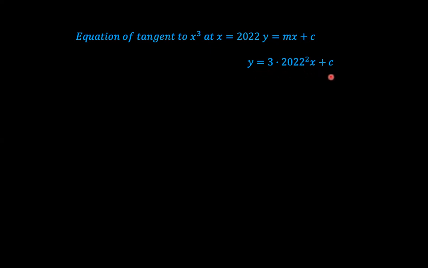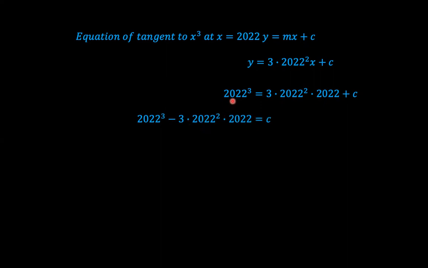Now to find c, we have to substitute for the values of x and y. We know that y is 2022 cubed and x is 2022. So now c is equal to 2022 cubed minus 3 times 2022 squared times 2022.